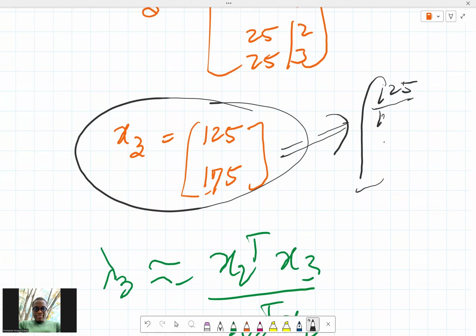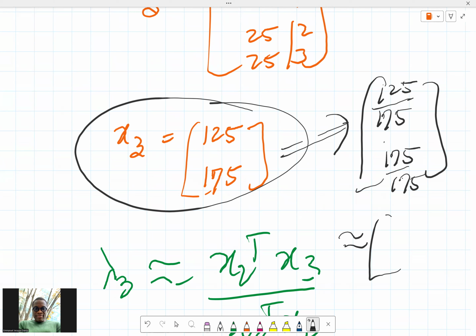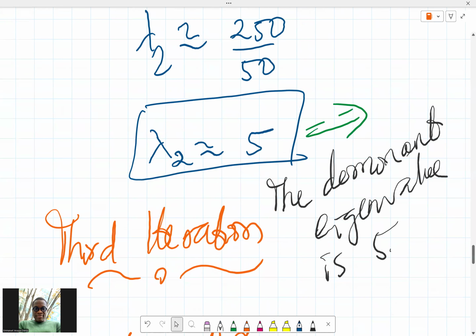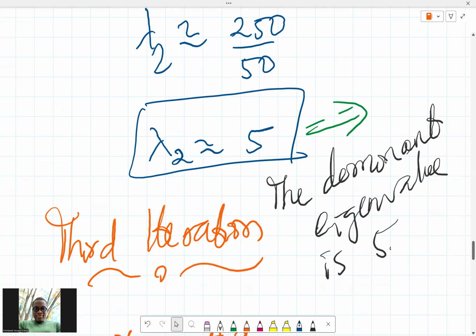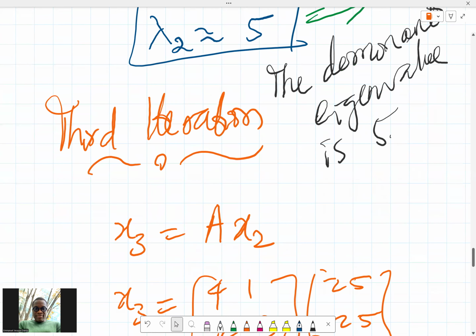Of course, the other one down there is 1, right? 125 over 175 is also very close to 1. So this is like 0.7 to 1. So we see that the dominant eigenvalue is 5, and the dominant eigenvector corresponding to the dominant eigenvalue is 0.71, 1.